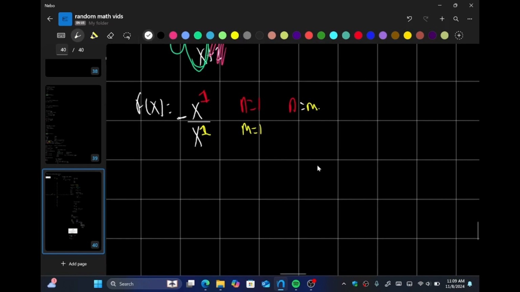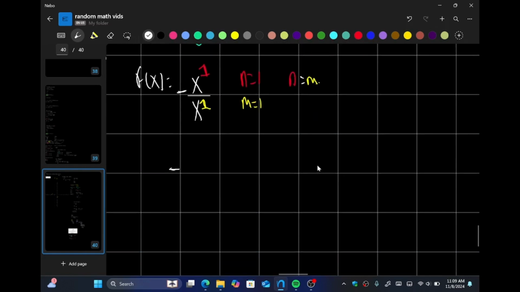And we know the leading coefficient is negative, so I'll write negative 1 x to the first power over 1 x to the first power. So again, this will cancel out, and it's negative 1 over 1, which is negative 1. So the horizontal asymptote is y equals negative 1.